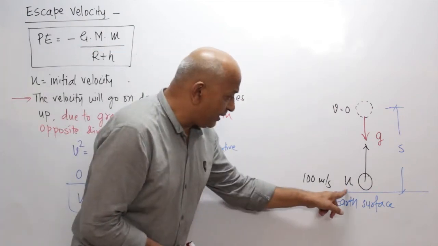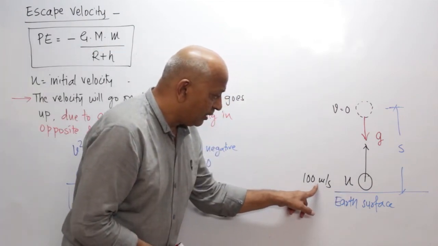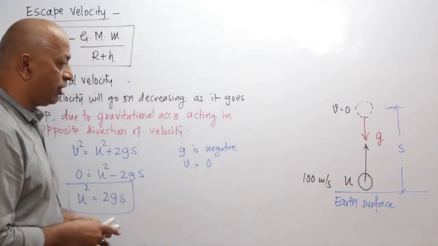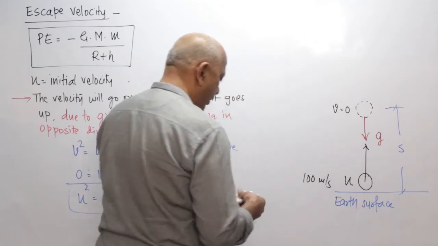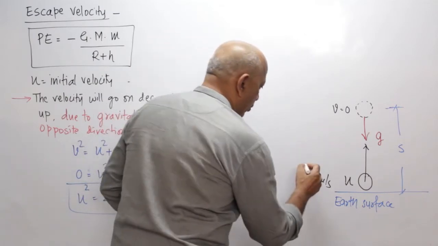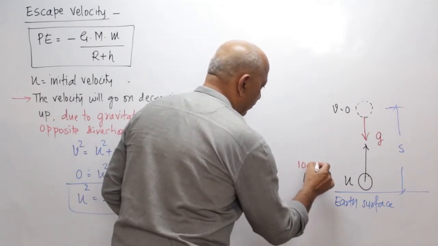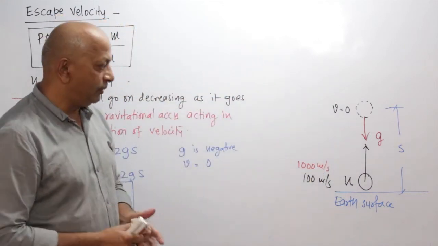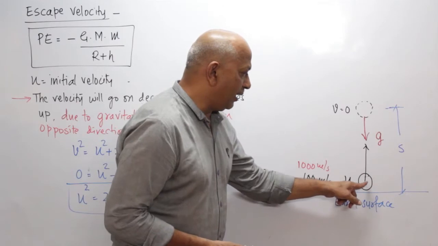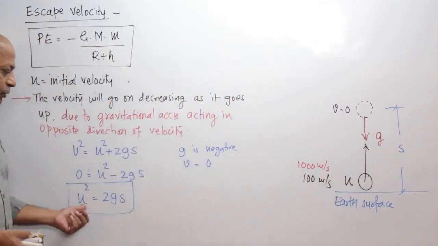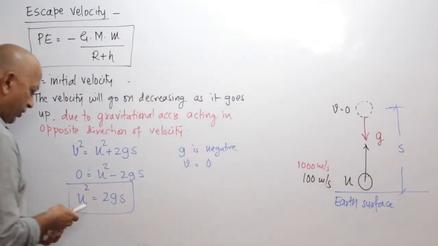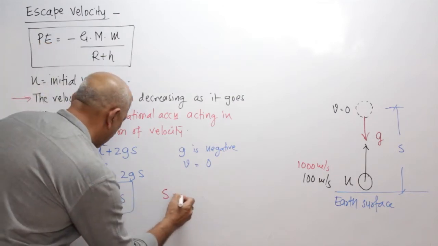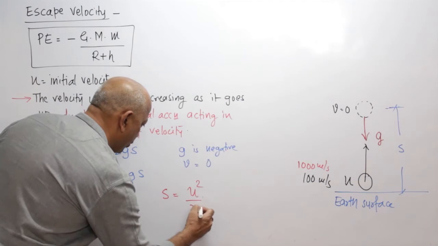Suppose we increase the initial velocity, suppose we make it 1000, what will happen? If u is 1000, so from this s is equal to u square upon 2g.